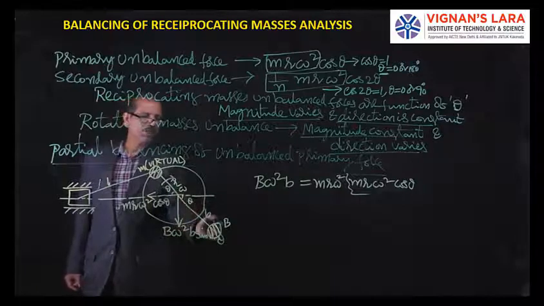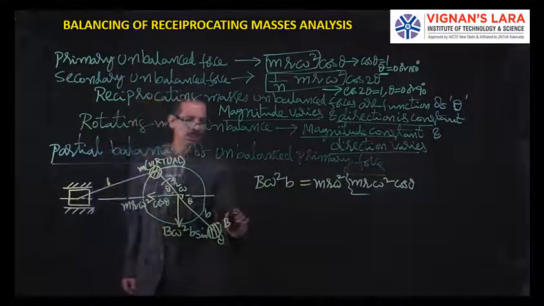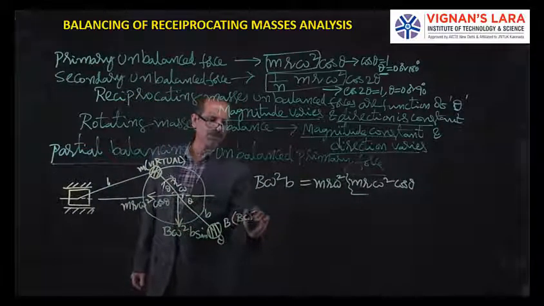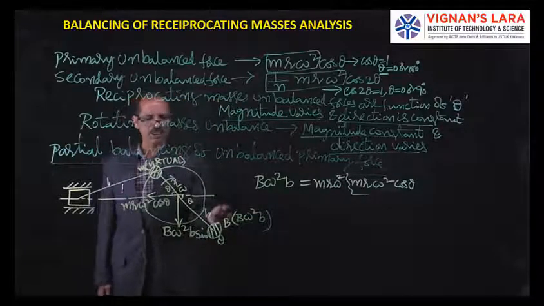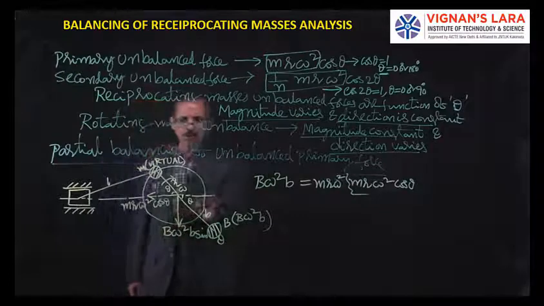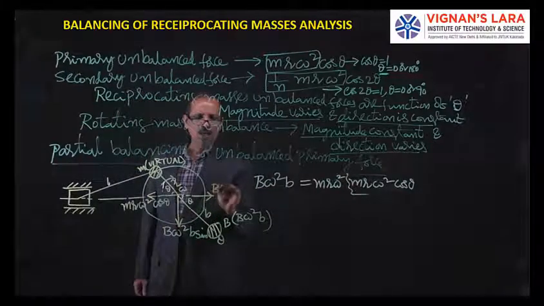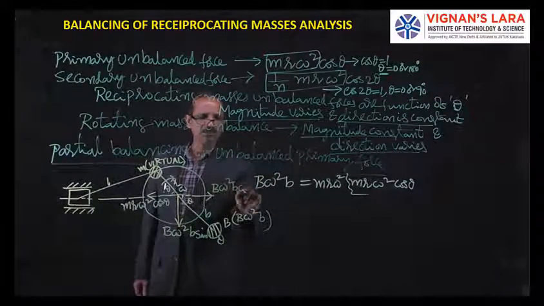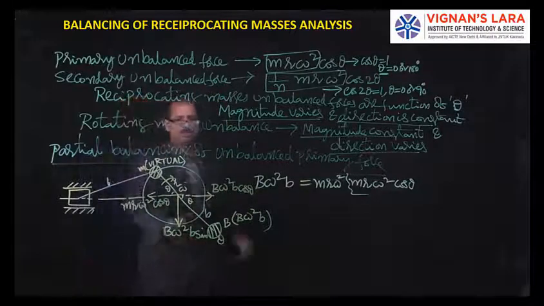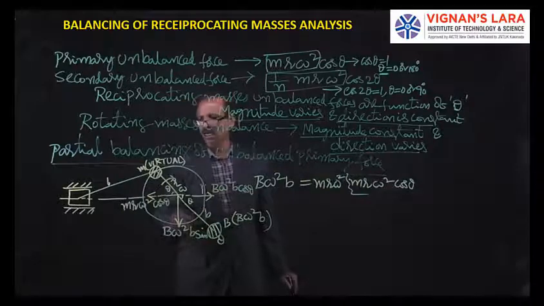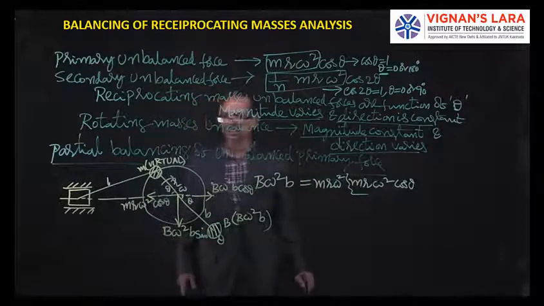This b produces b omega square b, and this b omega square b is resolved into one component, the cos component like this, and the sine component like this: b omega square b cos theta and b omega square b sin theta.